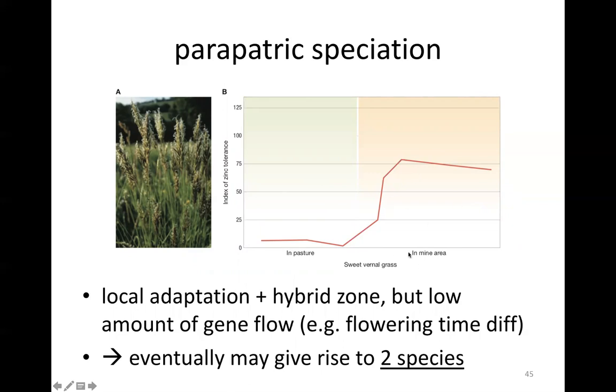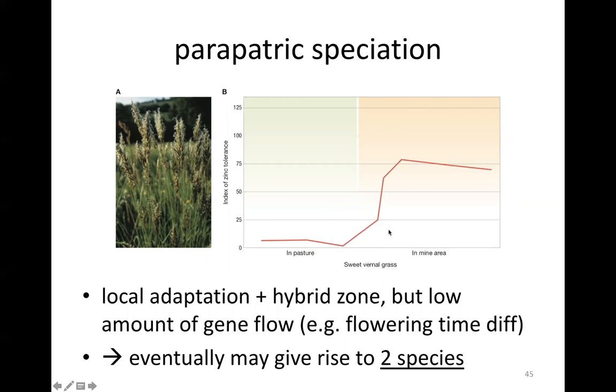So the mine plants are much more zinc tolerant, but apparently people have found different features that suggest there is low gene flow between the pasture populations and the mine populations, and that suggests that there might be selection against hybridization.